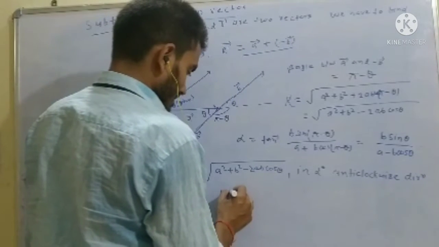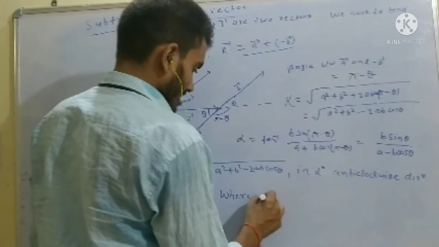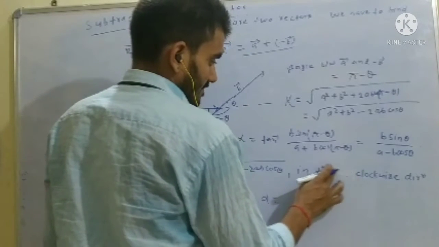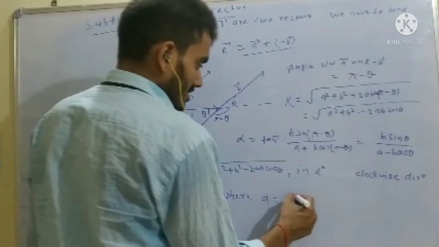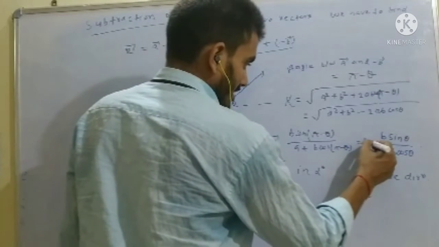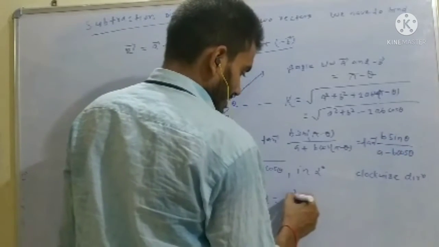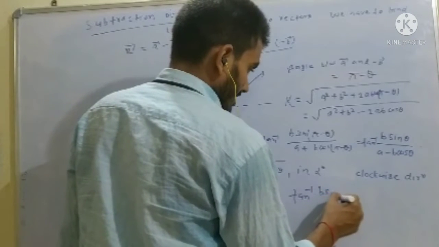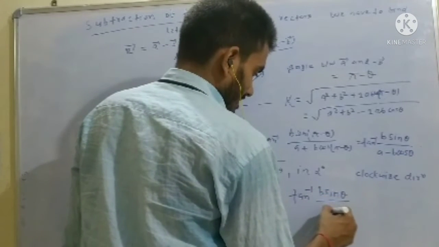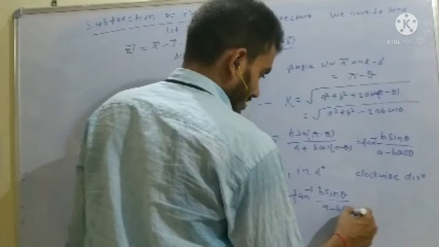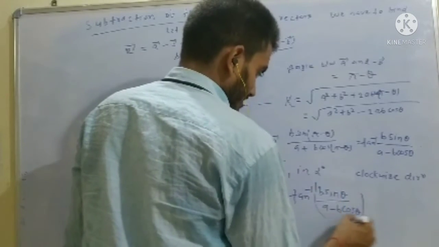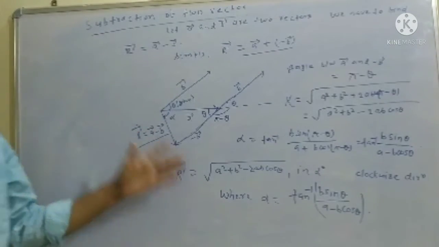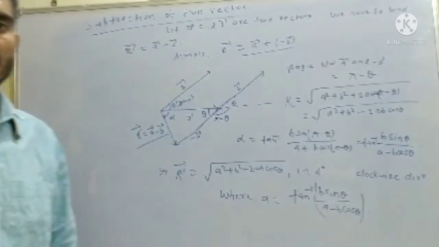Here alpha equal to, in the clockwise direction, tan inverse of b sin theta by a minus b cos theta. This is subtraction of two vectors.